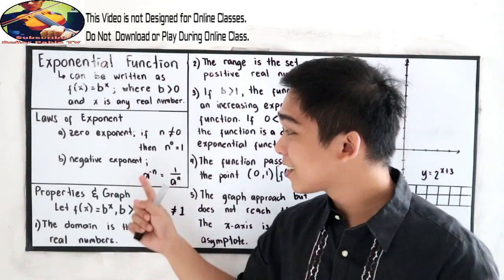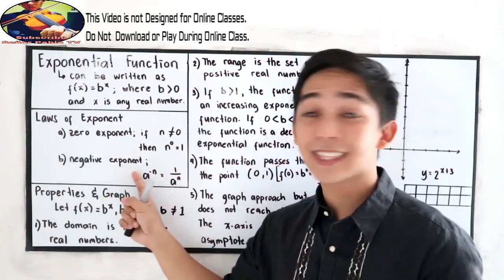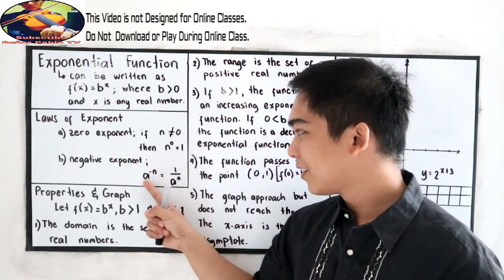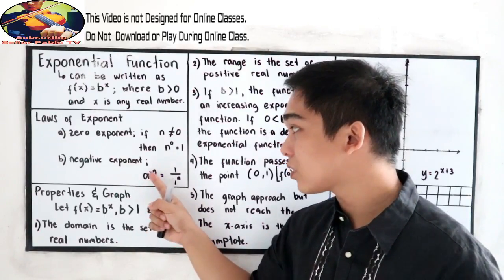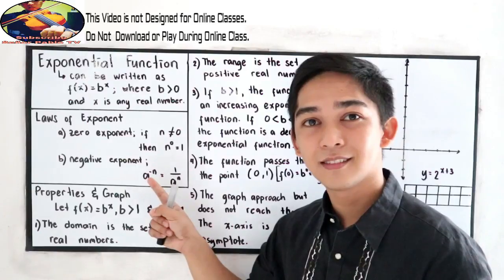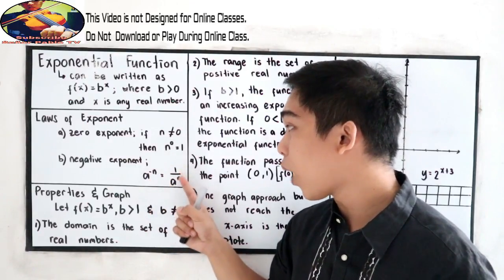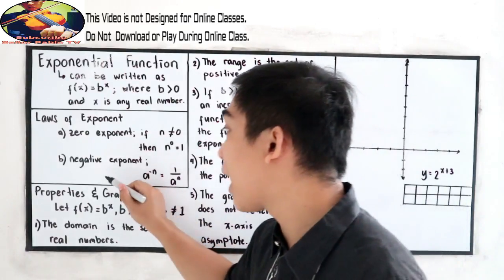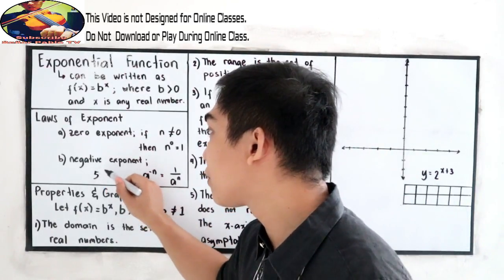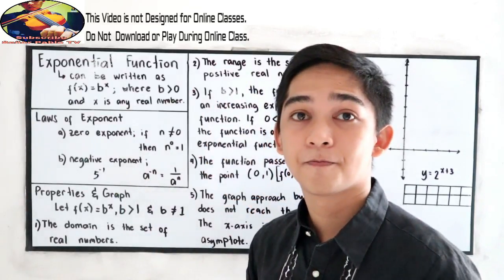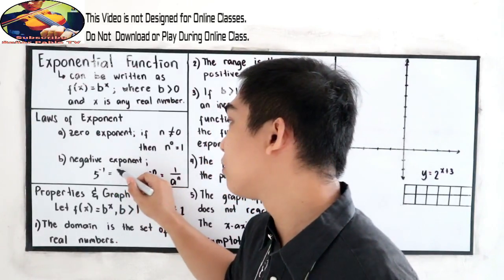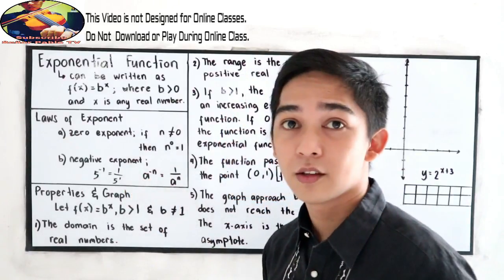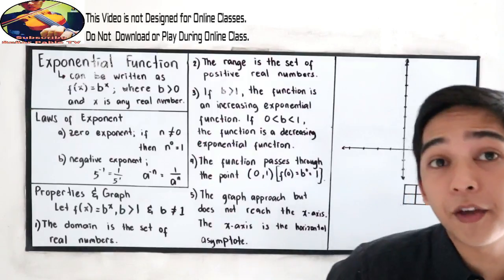The second one is the negative exponent. If you have a^(-n), that is equal to 1 over a^n. Let's say we have 5^(-1). That is equal to 1 over 5^1, or simply 1/5.